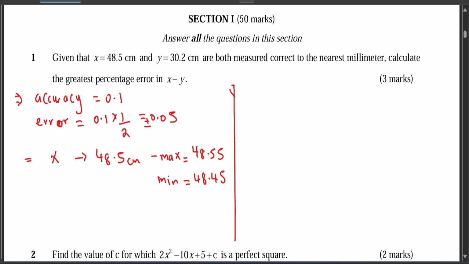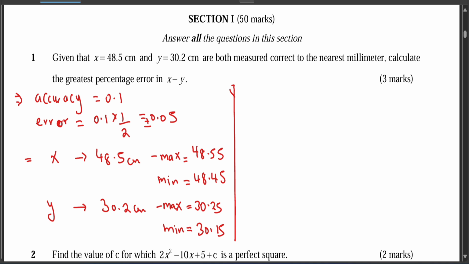So that's the maximum and minimum value for 48.5. Then we go to the y value. The y value is 30.2, so the maximum will be 30.25, and the minimum will be 30.15. Okay, now the question is asking you to calculate the percentage error in x minus y.